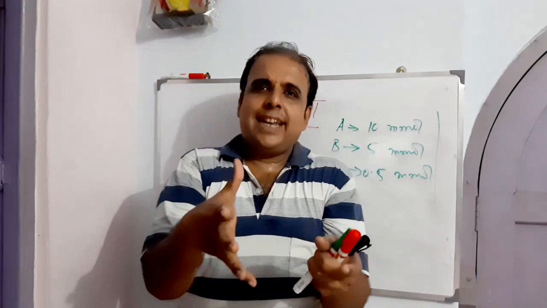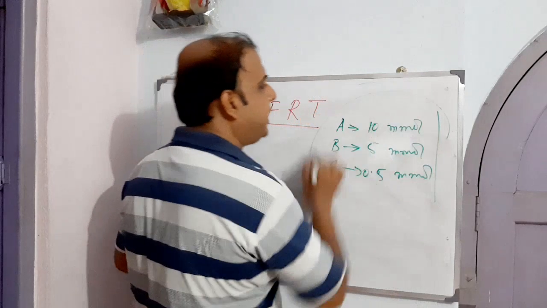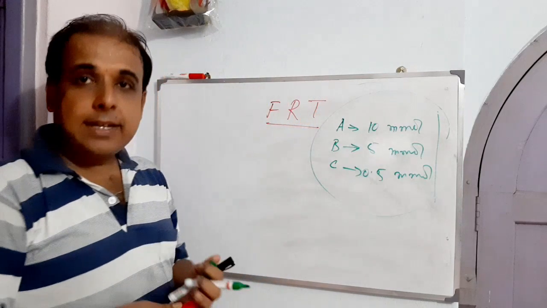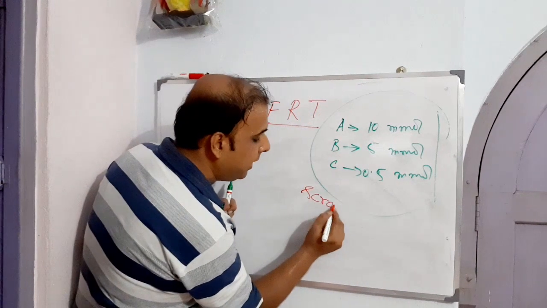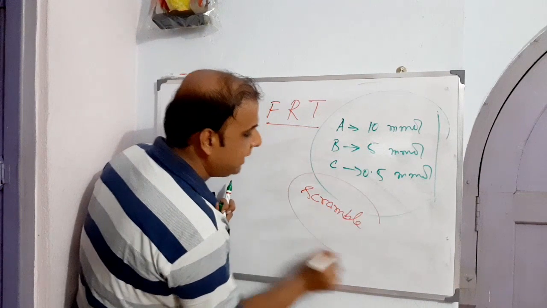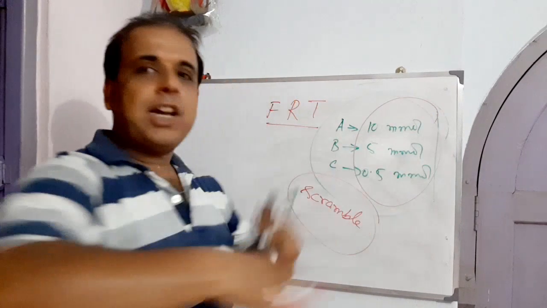So all the data need to be scrambled randomly. What does scrambling mean? Scrambling means you are just reshuffling it.